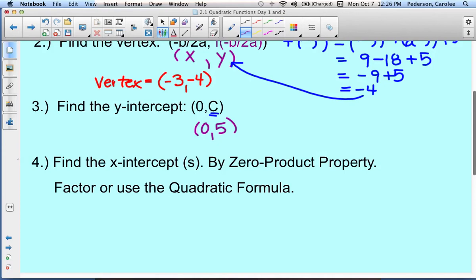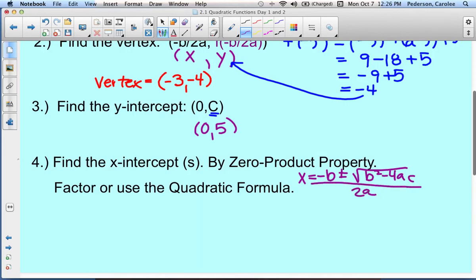Step 4 is to find the x-intercept or intercepts. We want to either factor the quadratic equation. If it's not factorable, we want to use the quadratic formula. Remember, the quadratic formula is x equals negative b plus or minus the square root of b squared minus 4ac all over 2a.